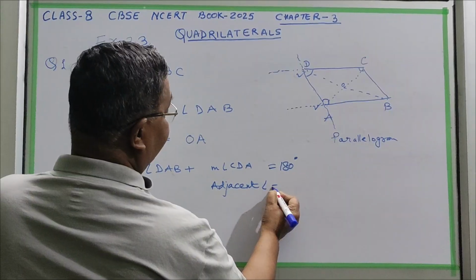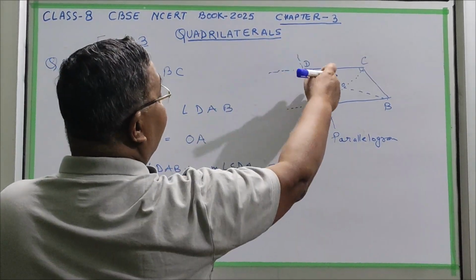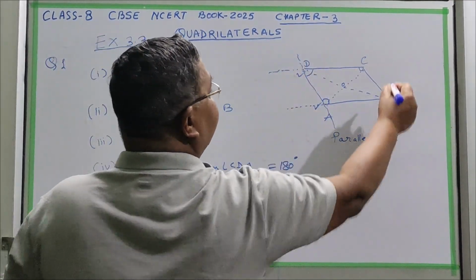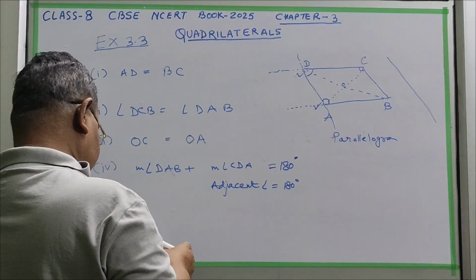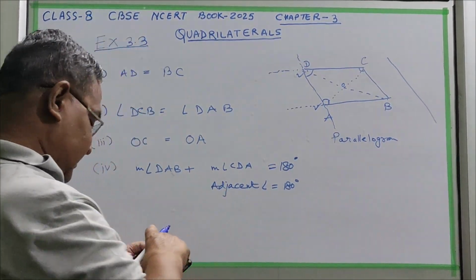Angles on the same side of the transverse line. Transverse means a straight line cutting the others. This is the transverse line. Now question number 2 we will go to.